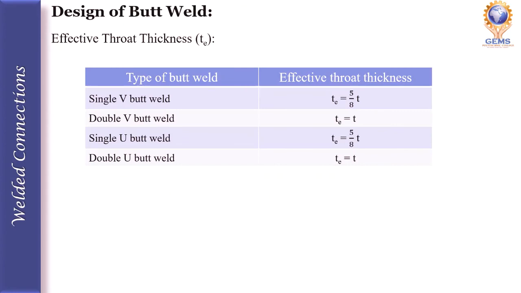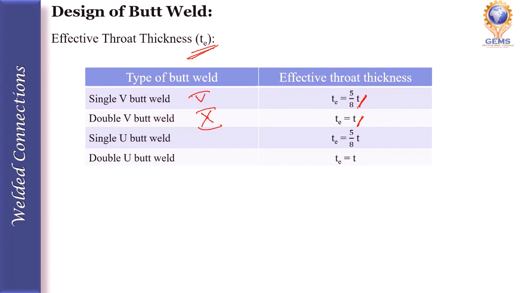The next important specification in the butt weld is the effective throat thickness, Te. A single V butt is symbolized by V. The effective throat thickness is 5/8 into t, whereas if it is a double V, then Te is equal to t.